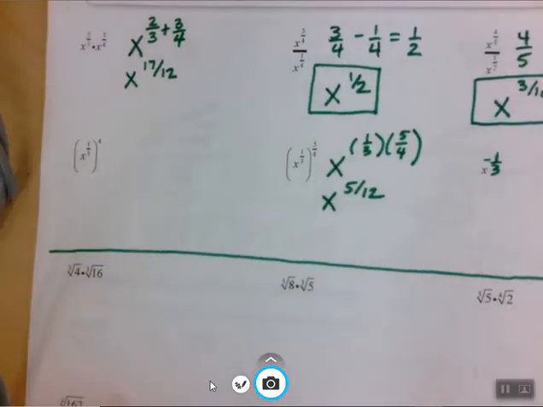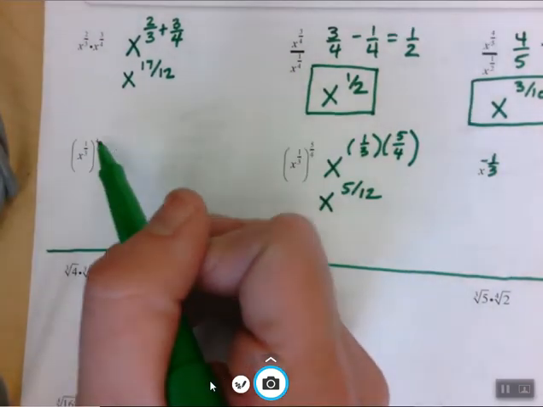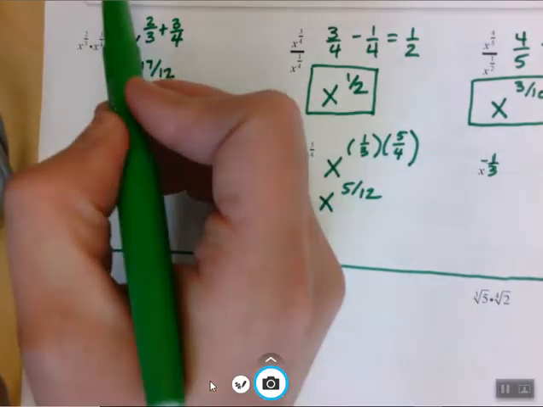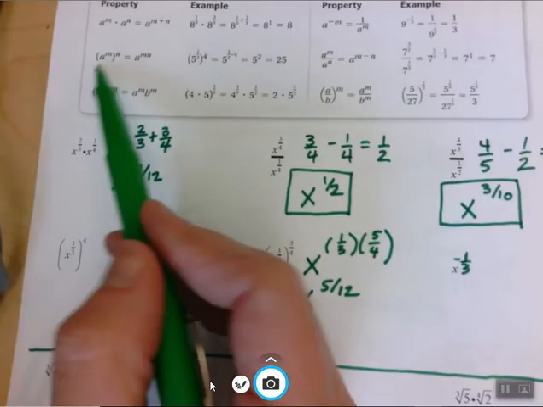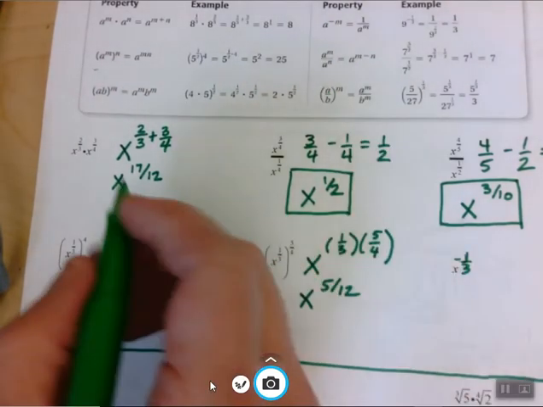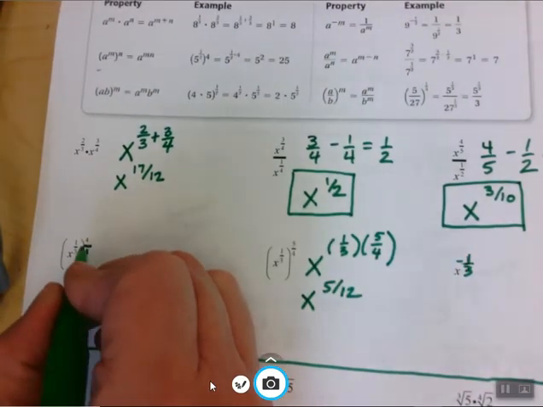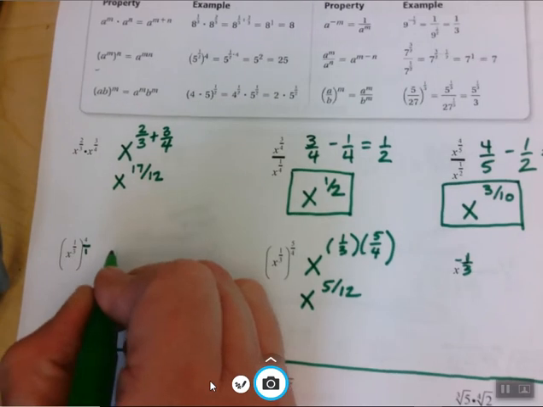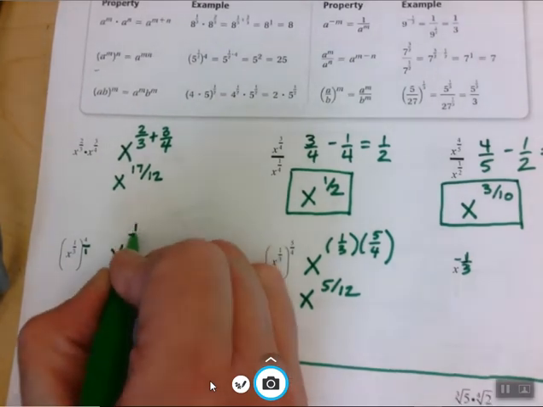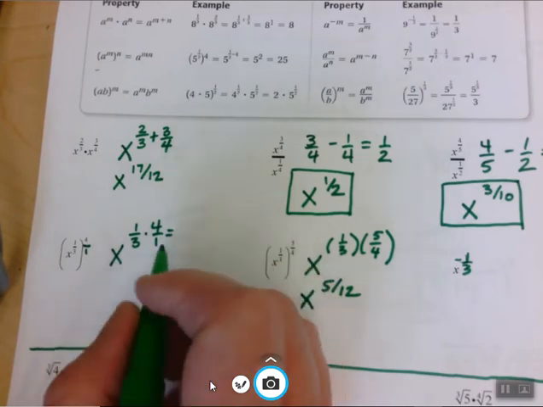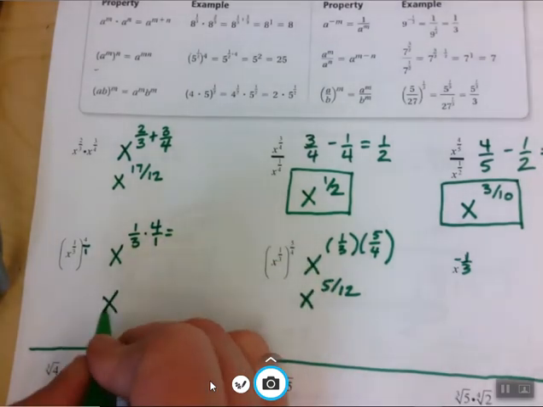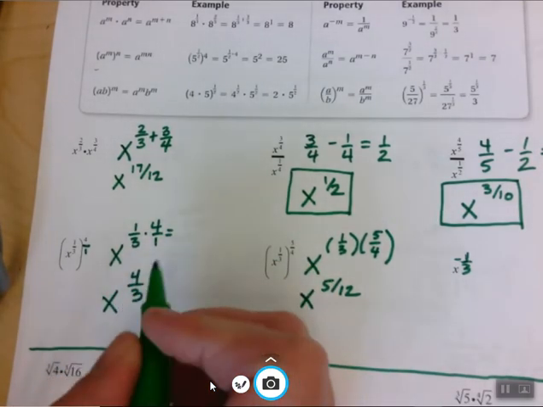All right. In the next problem, we're doing power to a power, and our rule says if you have power to a power, you multiply your exponents. So we're going to multiply 1/3 times 4/1, and we get 4/3, so it's x to the 4/3.